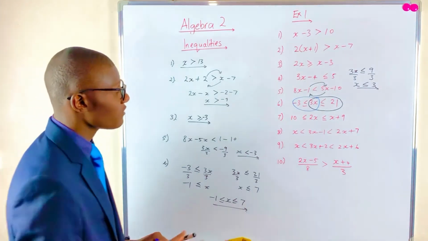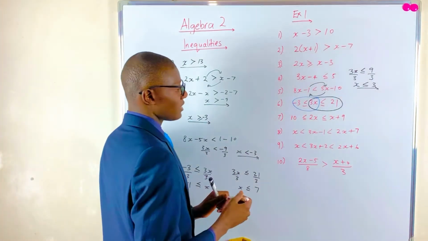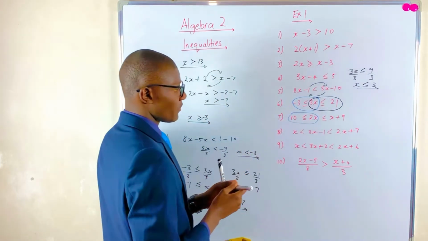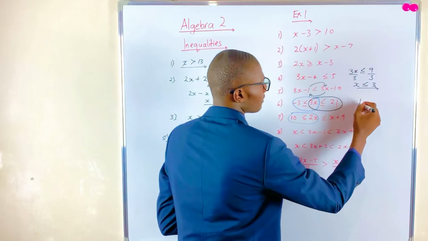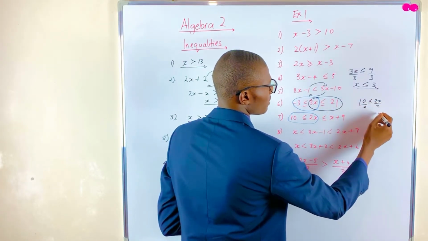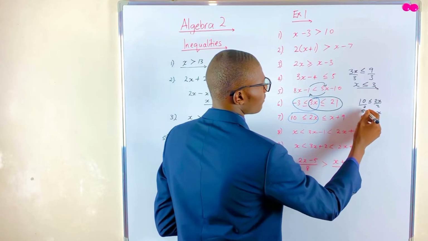Now number 7, if we split the inequalities, this being the first one, we're solving for 10 is less than or equal to 2x, then dividing both sides by 2, x is greater than or equal to 5.